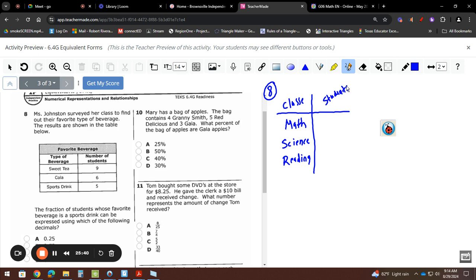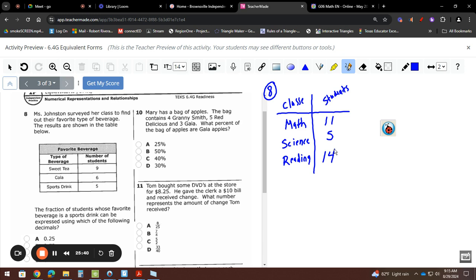So 11 students chose math as their favorite class. 5 students chose that science is their favorite class. But everybody likes reading. 14 students chose reading as their favorite class.